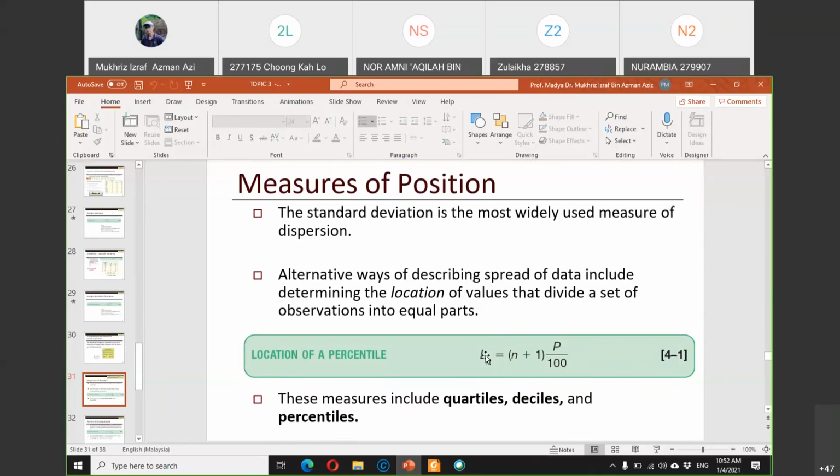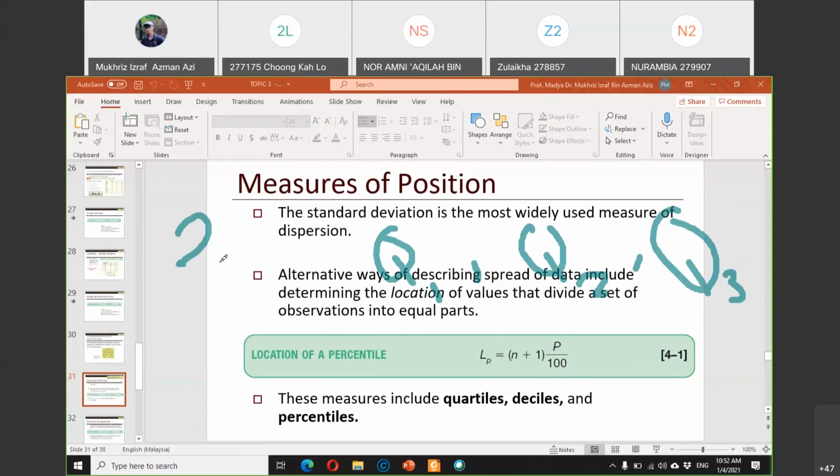Usually the most popular ones are Q1, Q2, and Q3. What is Q1? Q1 is the 25th quantile, the first quarter. The 25th quantile is what we usually call Q1.